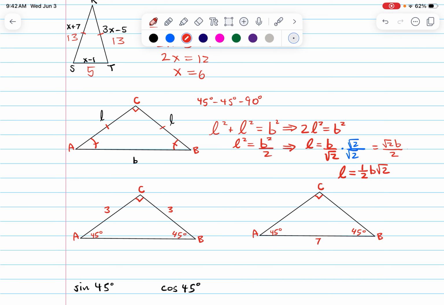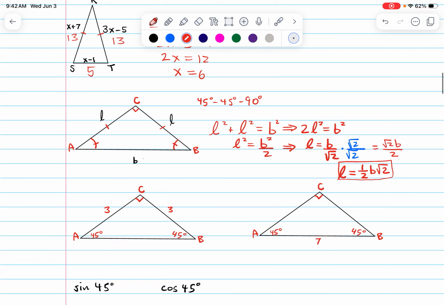See? So I can just rearrange that a little bit. Up top we've got b square roots of 2, and then I'll just pull that dividing by 2 out front. So look at the relationship here. The length is equal to 1/2 the square root of 2 times b.